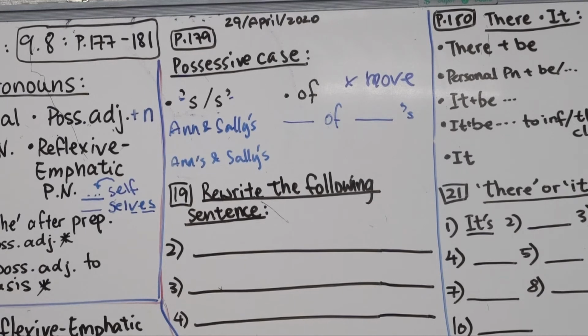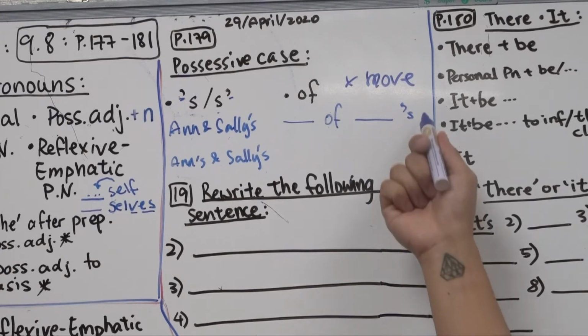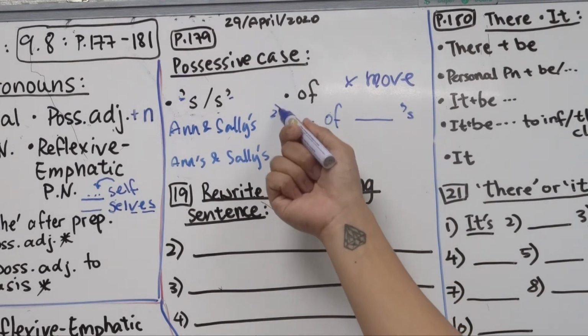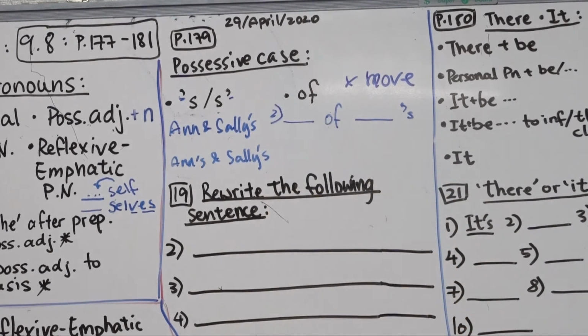And then we have of plus people in longer phrases. So that's the brother of one of my friends. In this case, we don't have the apostrophe here. So the apostrophe is only seen in the second point, and also on the 4th point.